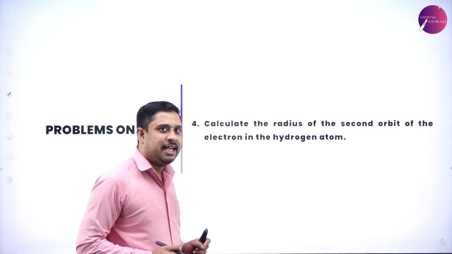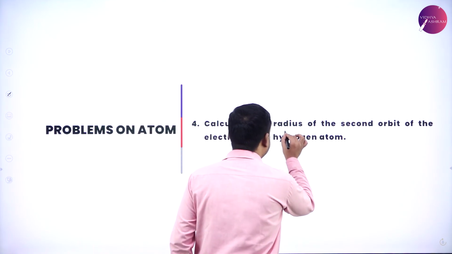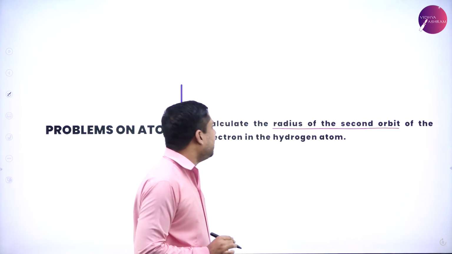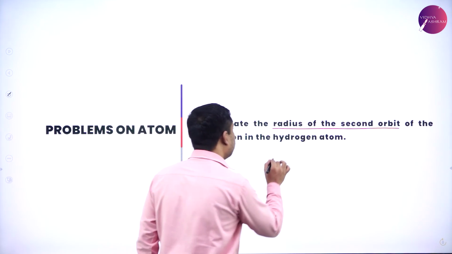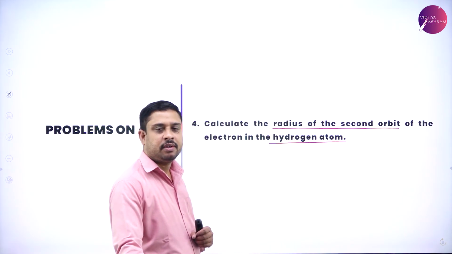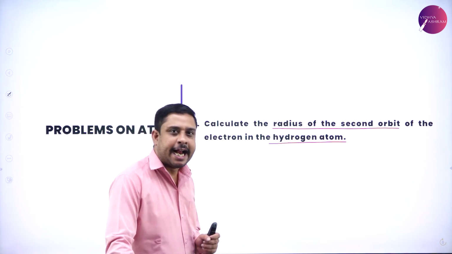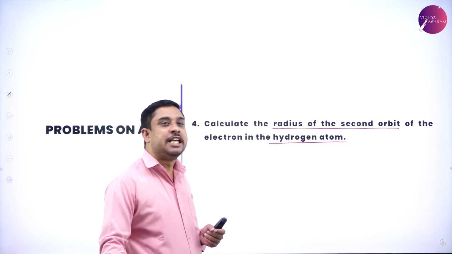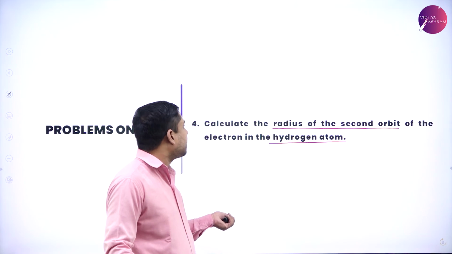Simple one. It's for y'all. Calculate the radius of second orbit of the electron in the hydrogen atom. I have to calculate the radius of the second orbit of the electron in the hydrogen atom.